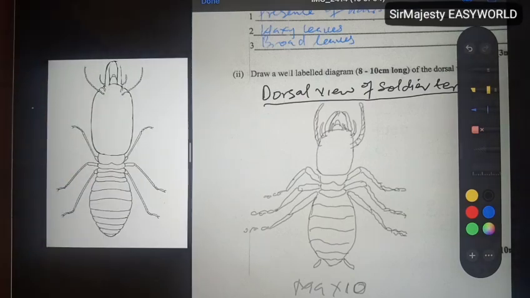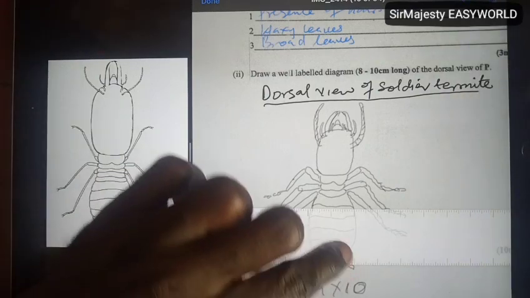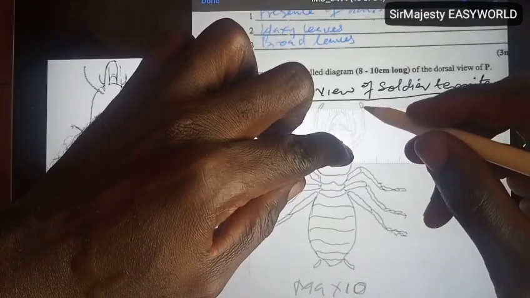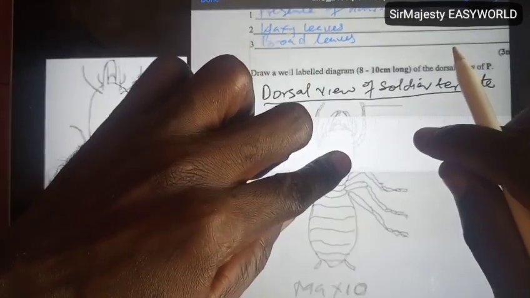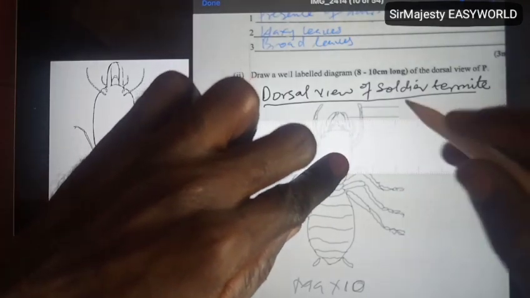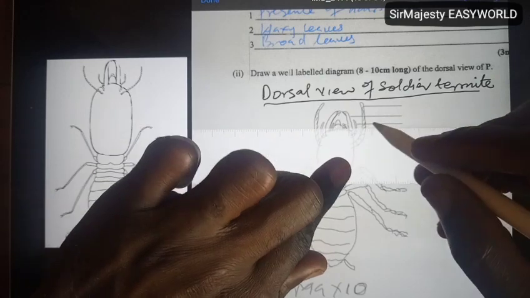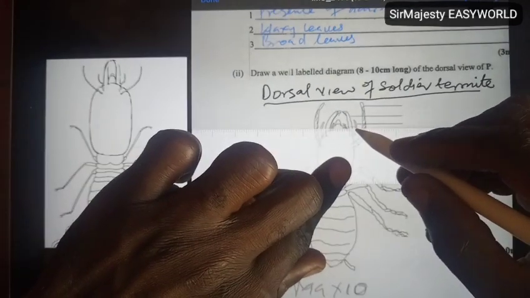So in your labeling, you make your lines as usual. Use my ruler here. Here is the antenna. Here is the mandible, sharp mandible. Here is the maxillary palp. Here is the labial.